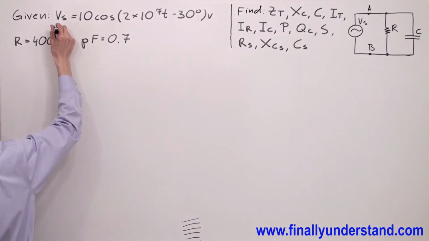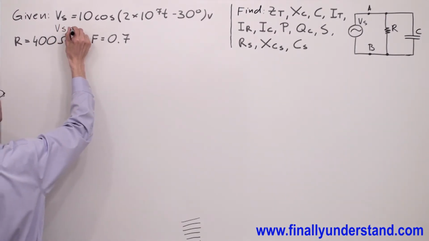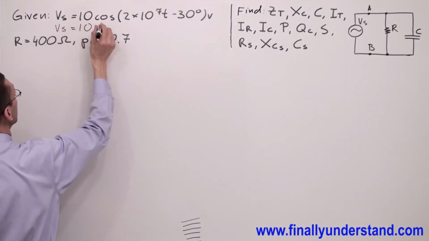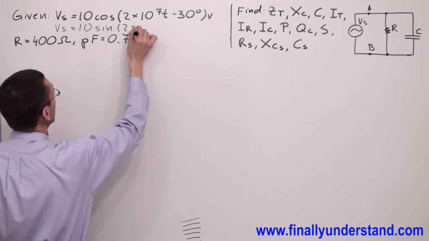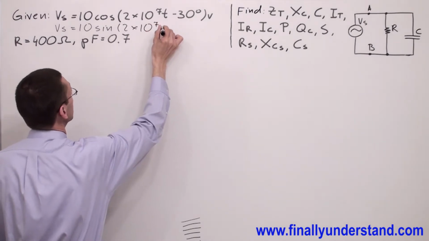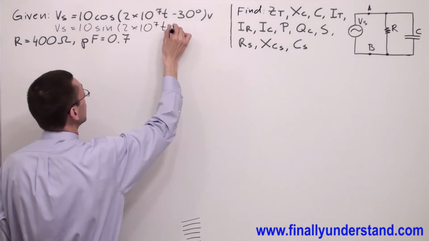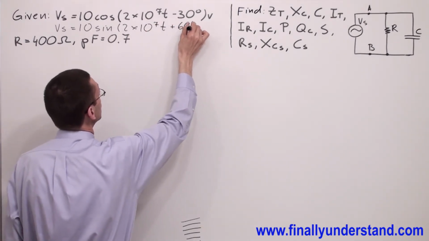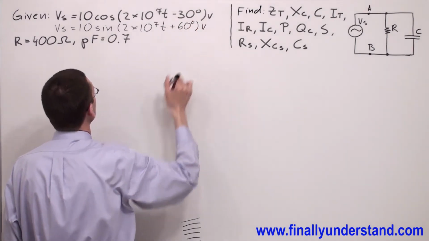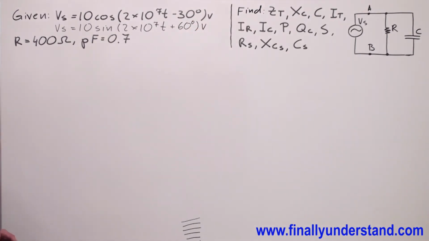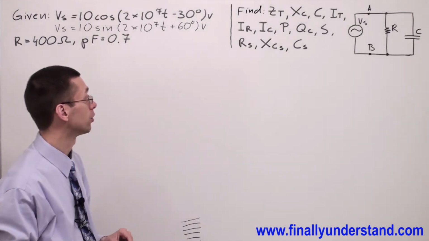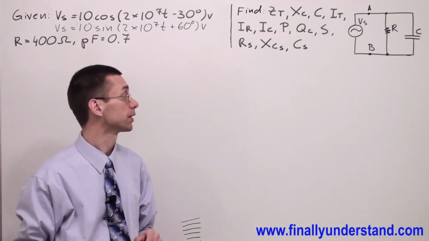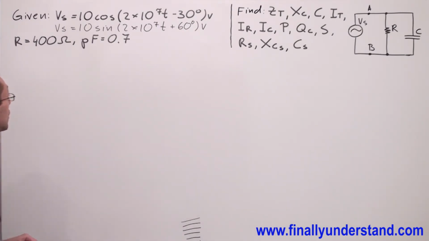So I'm going to write voltage source is equal to 10 sine, open parenthesis, 2 times 10 to the 7t plus 60 degrees volts. I'm supposed to find first Z total. You can find any other quantities if you can, but I'm going to start from Z total.